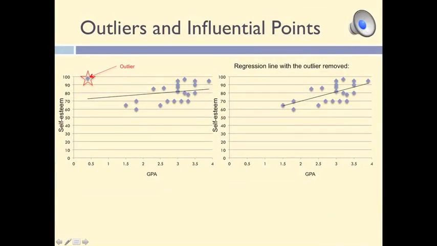In our example, we have an outlier who has an extremely low GPA and a very high self-esteem score. We can see in the graph on the right that when this outlier is removed, the slope of the regression line is higher, and the line fits the data much better. Most of the data points are close to the line, and therefore the residuals are much smaller.